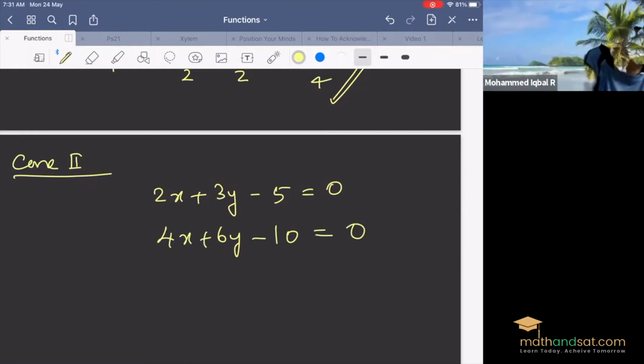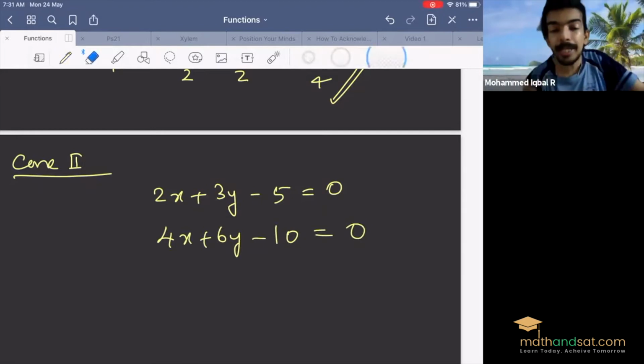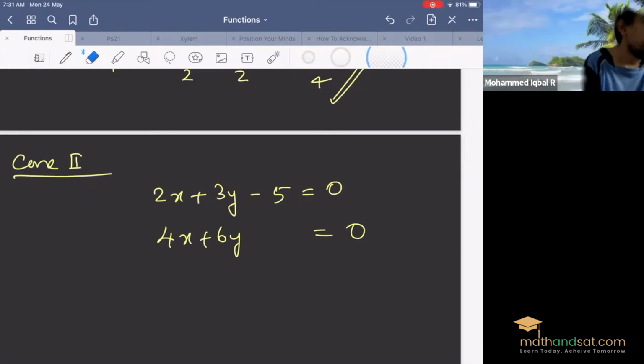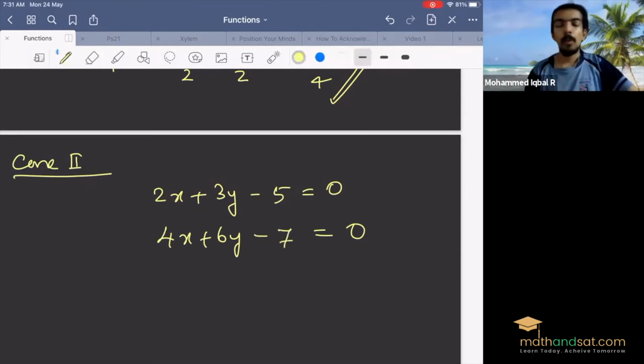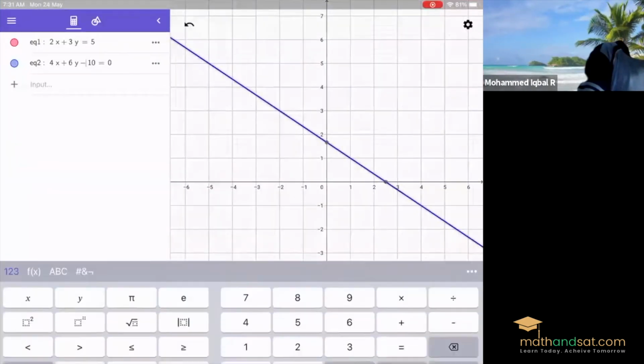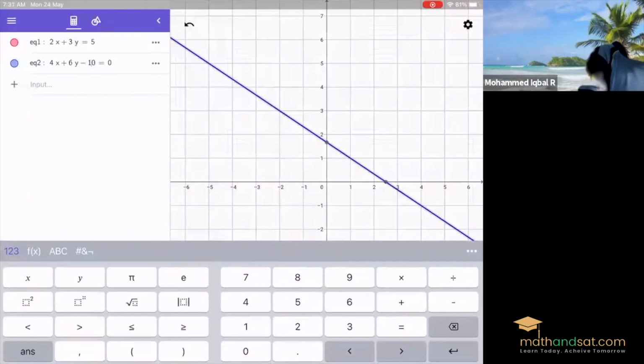Now, what happens if I change the constant only? Say instead of minus 10, I write minus 7. So in the second equation, instead of minus 10, I'm going to write minus 7.